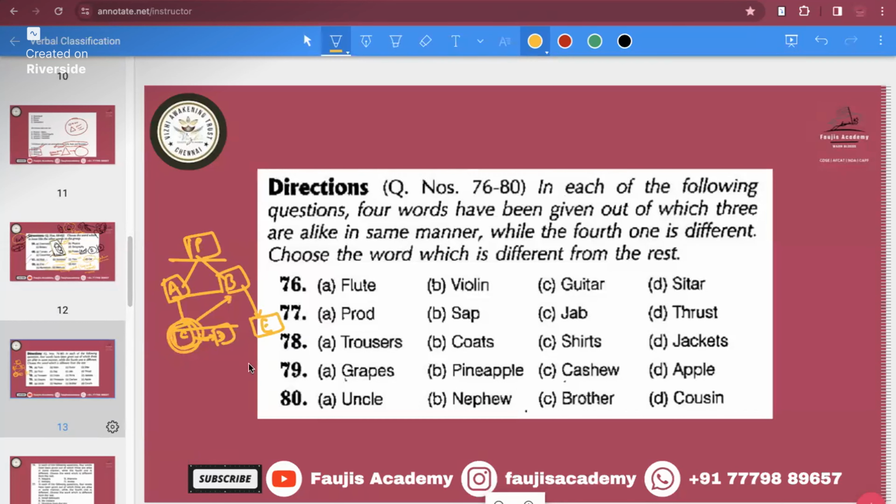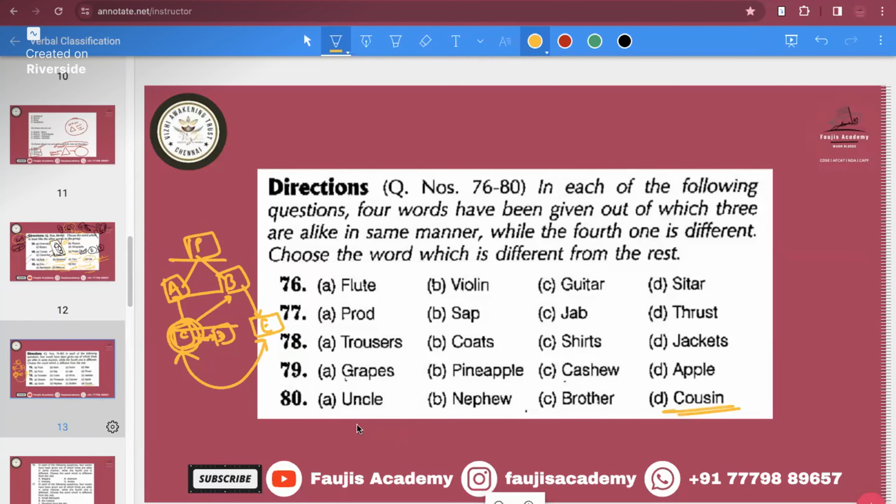B. So C is B's nephew. Brother: D is C's brother. And cousin. I think this is the most distant relation compared to the other four options.